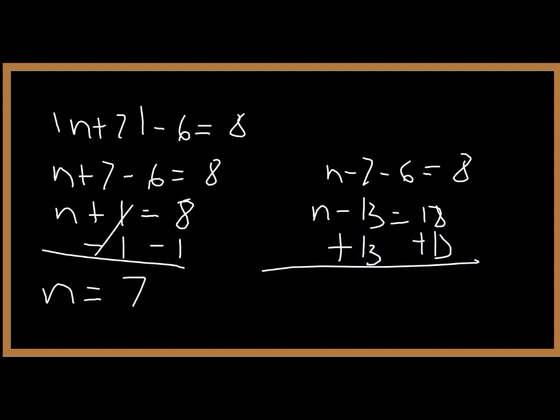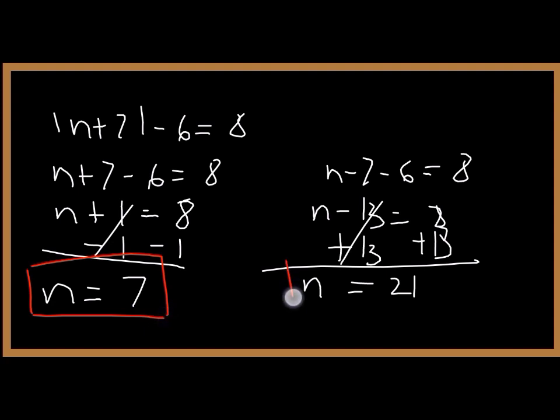So the remaining is n is equal to 8 plus 13, so it's equal to 21. So our answer is 7 and 21. So that's all for today.